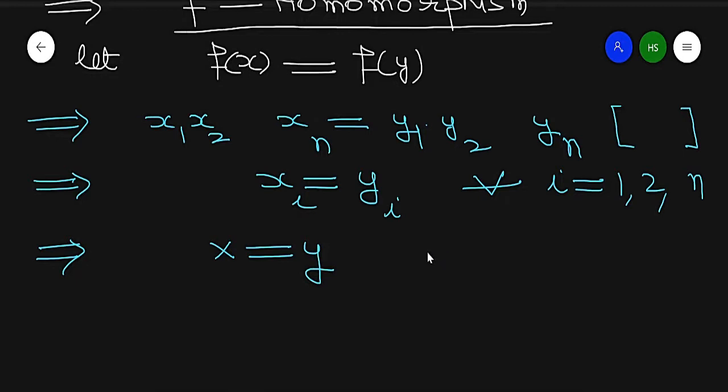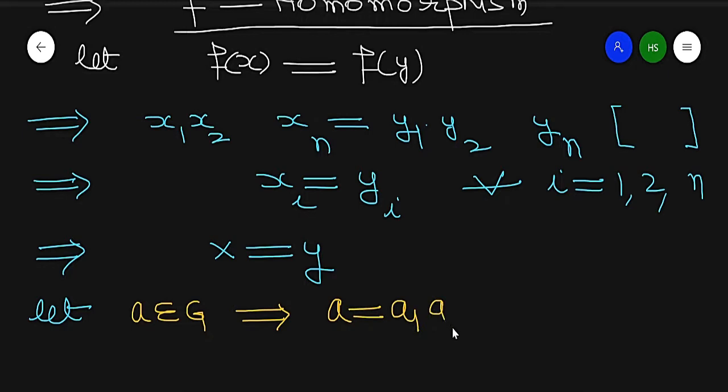Now to prove onto, I take one element from the right hand side, which is G. So I take a belongs to G. It means a is of the kind a1, a2 and an, where each ai belongs to Hi.